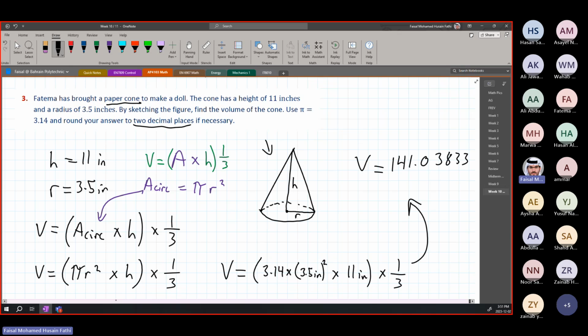To 2 decimal places, we have to look at this. The 8 is greater than or equal to 5, so we're going to have to do plus 1 here. The volume is 141.04. What is the unit? Inches cubed. Okay?